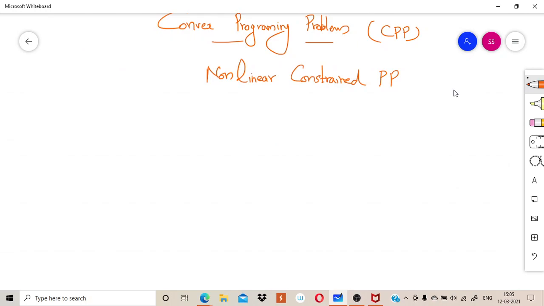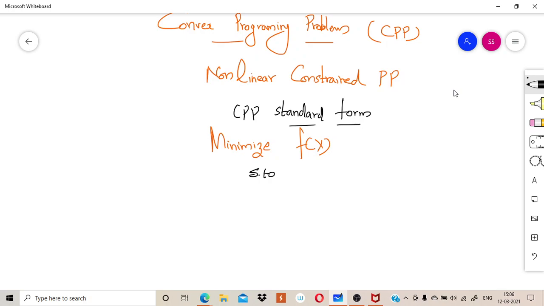This has the form: minimize f of x. That means we have the CPP standard form, minimize f of x subject to the constraint g_i of x less than or equal to 0 for i equal to 1, 2, 3, up to m.